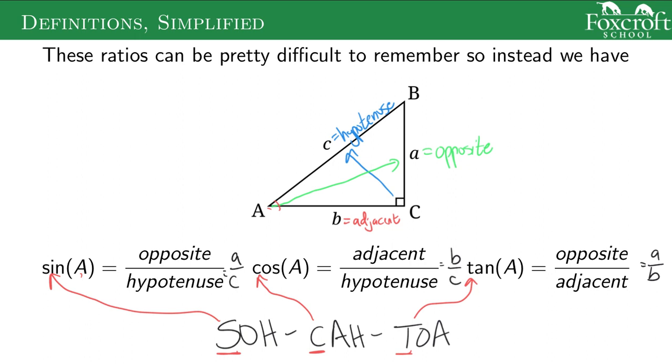It starts with the same letter as what you're talking about, and then the next two tell you the ratio. O for opposite, H for hypotenuse. The first one goes on the top, the second one on the bottom. O is on top, H is on bottom; A is on top, H is on bottom; O is on top, A is on bottom. So Soh-Cah-Toa basically tells you these 3 definitions and these 3 ratios without having to remember anything extra.